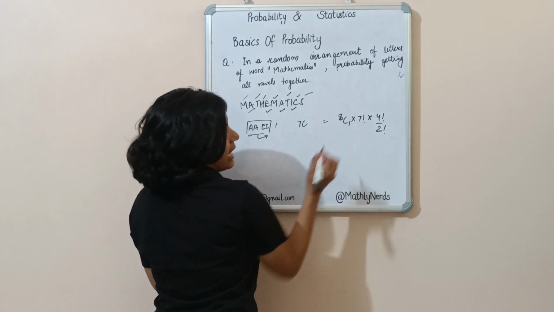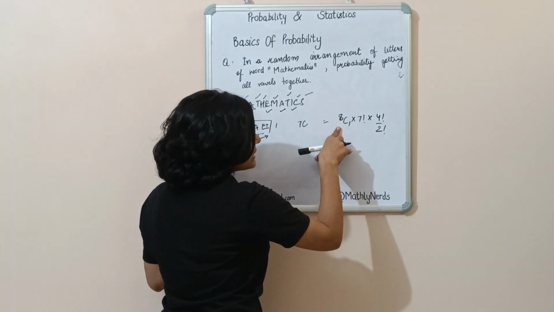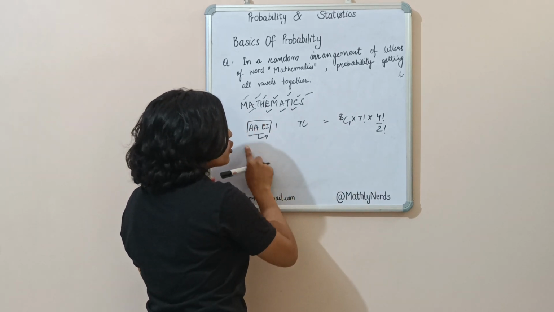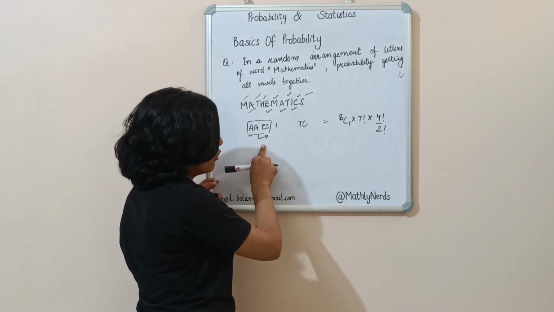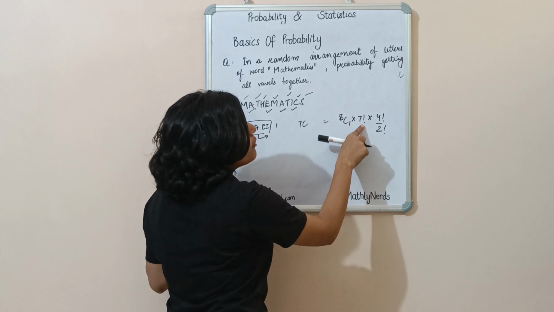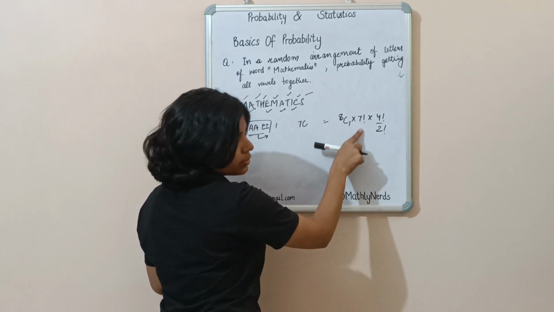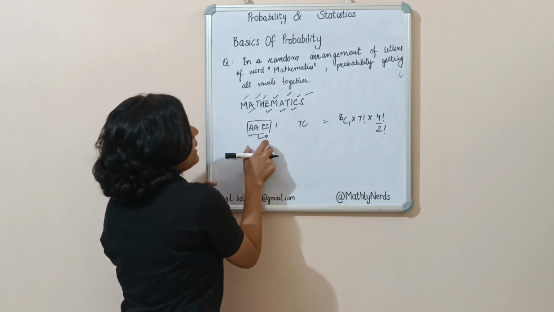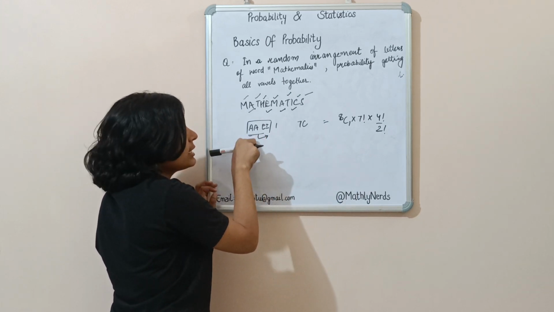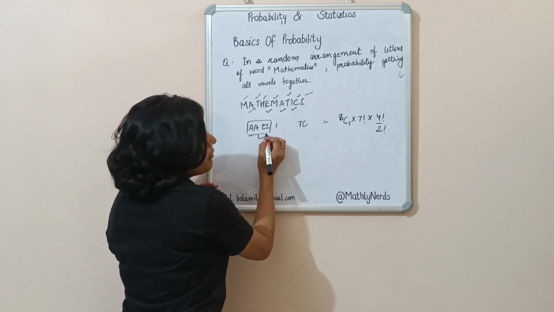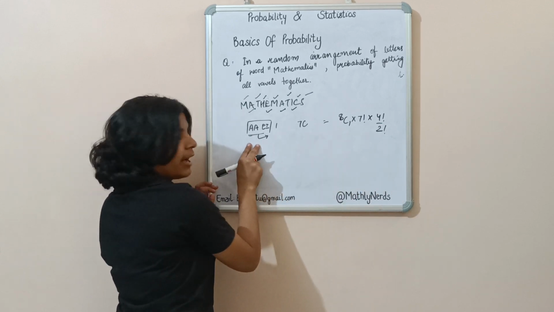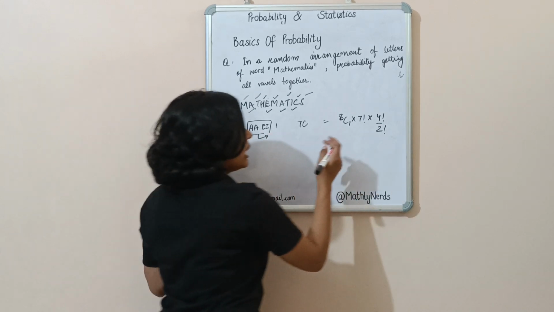We will select from the 8 places one place for this box or pack of vowels. Then we will arrange the consonants, so it will be 7 factorial, and arranging the vowels in this box, it will be 4 factorial by 2 factorial, by 2 factorial because we have 2 A's.